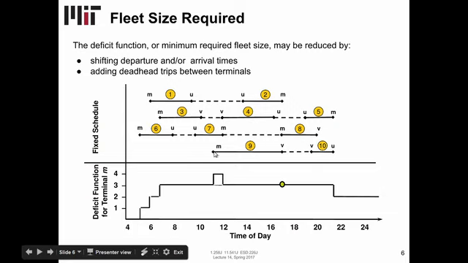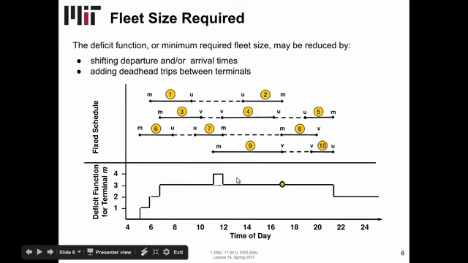If we can manage to shift trip 9 a little bit forward up to noon, then we may actually get rid of the fourth unit of deficit here and make the maximum deficit here equal to 3.